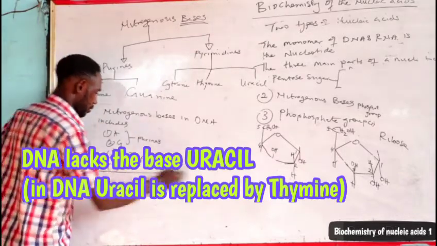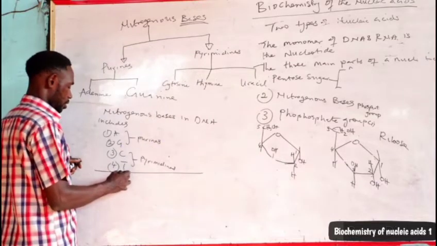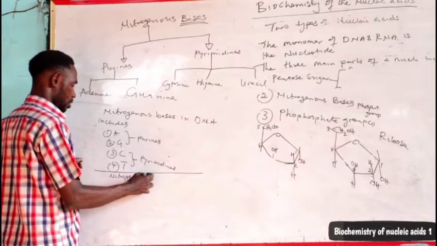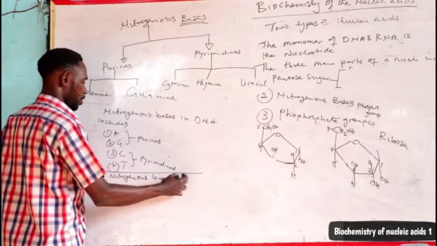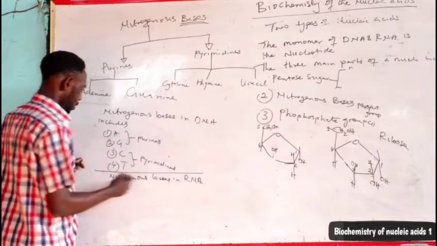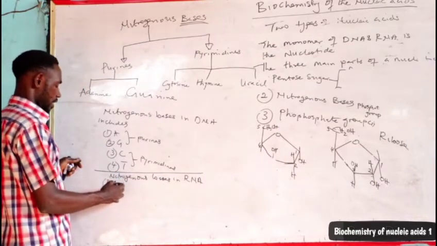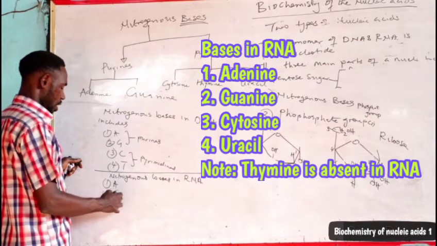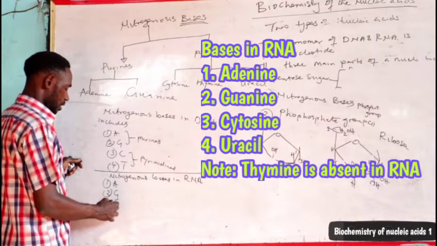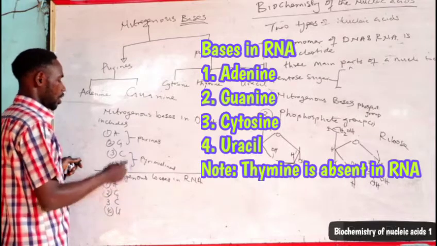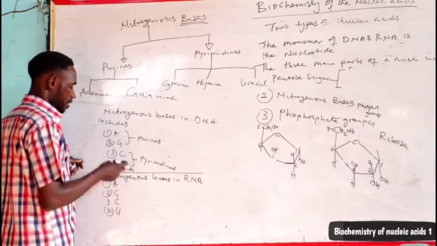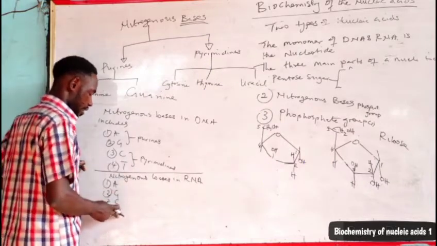Then, if you come here, nitrogenous bases in RNA include 1, adenine, 2, guanine, 3, cytosine, then 4, uracil. Which means in RNA, thymine is replaced by uracil.